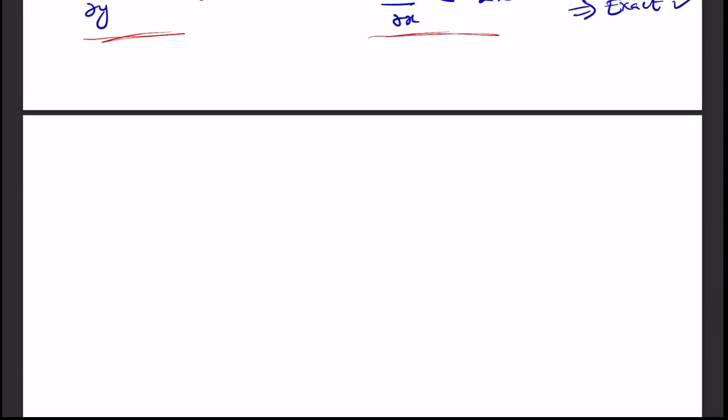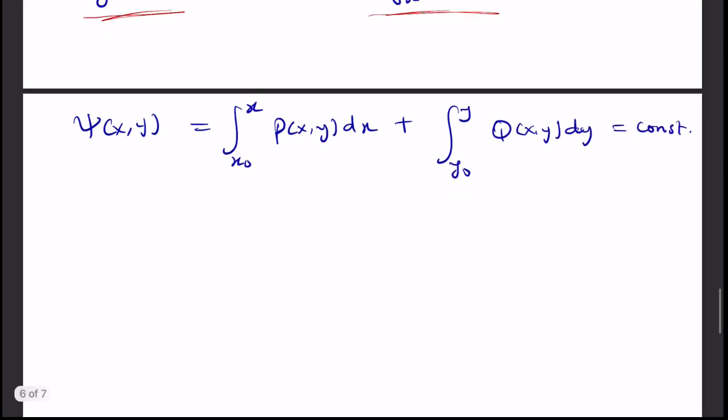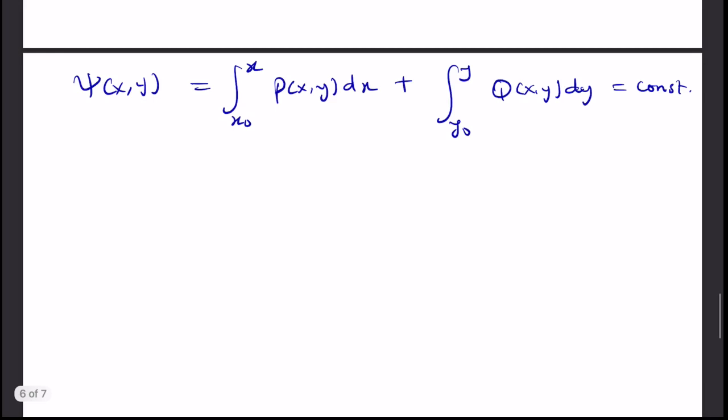Here, remember that we seek a solution of the form psi of xy is equal to the integral from x naught to x of P of xy dx plus the integral from y naught to y of Q of xy dy, and it must be a constant. Therefore, we substitute our values.